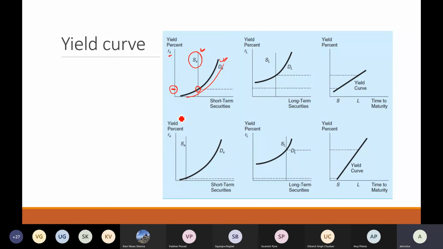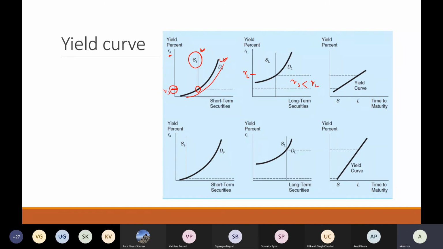Here the rate for 5-year is less, and here the rate for 10-year is more. If I write RL and RS, the short-term yield is less than the long-term yield.